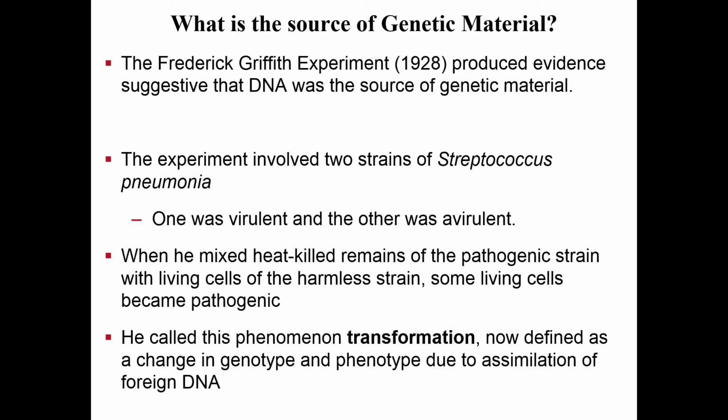So he took this virulent strain and exposed it to high heat and killed it. And then he took the remnants of this heat-killed bacteria and mixed it with viable living bacteria of the avirulent type.